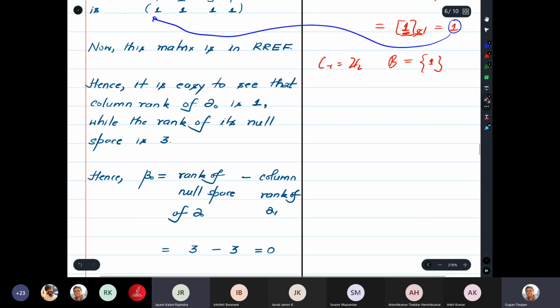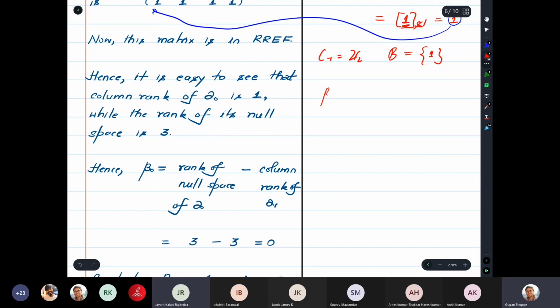So from this one can first finish off what beta minus 1 is. Beta minus 1 was 1 minus the column rank of Daba 0. We have now figured out that the column rank of Daba 0 is 1, hence beta minus 1 turns out to be 0.